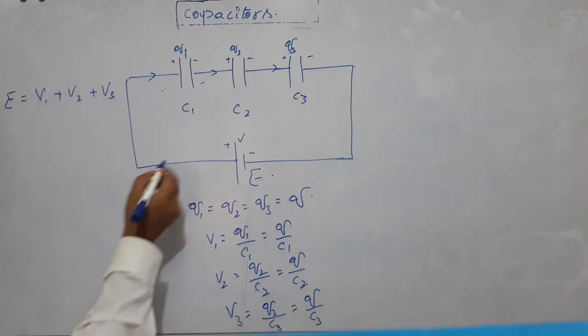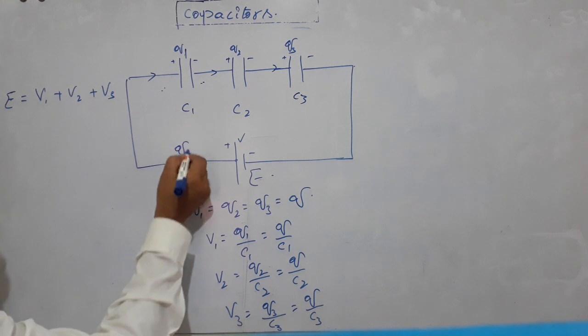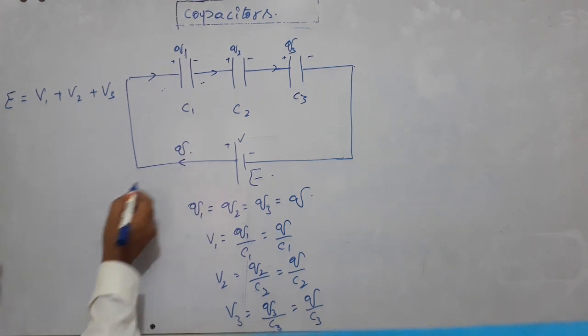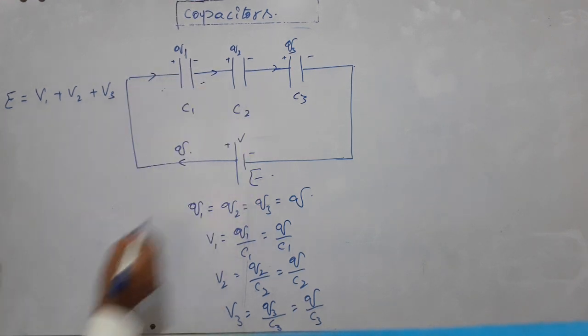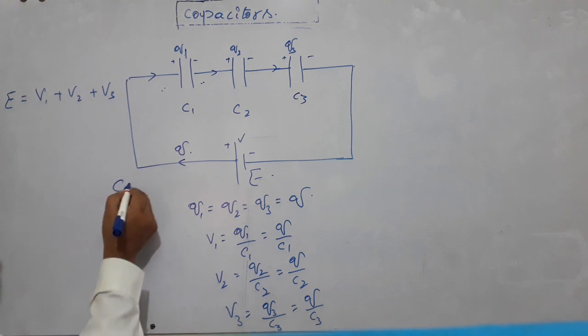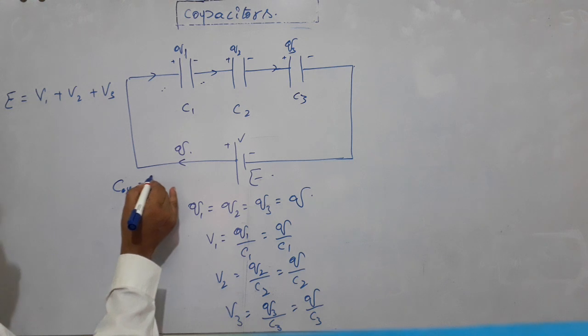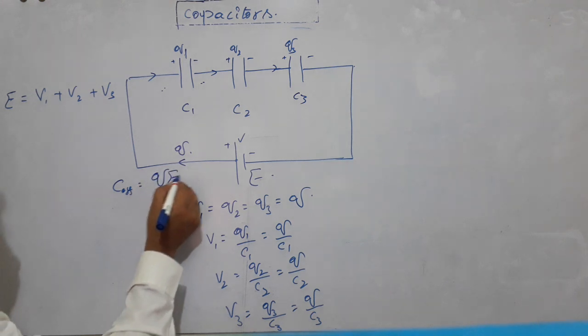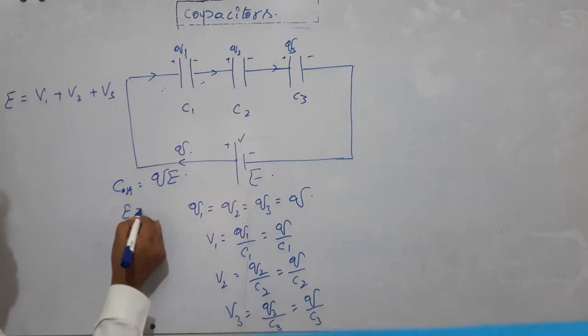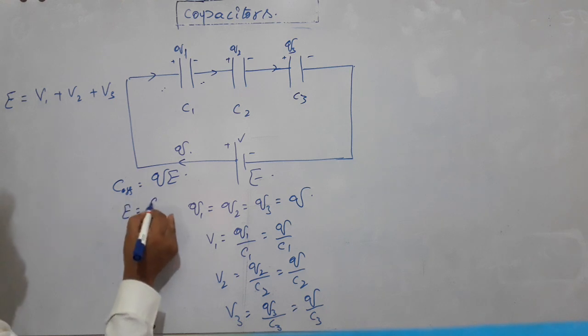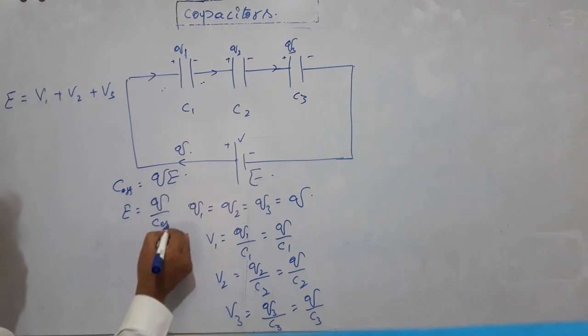E is delivering a charge Q, so that the effective capacity of the combination C effective is given by E equal to Q by C effective.